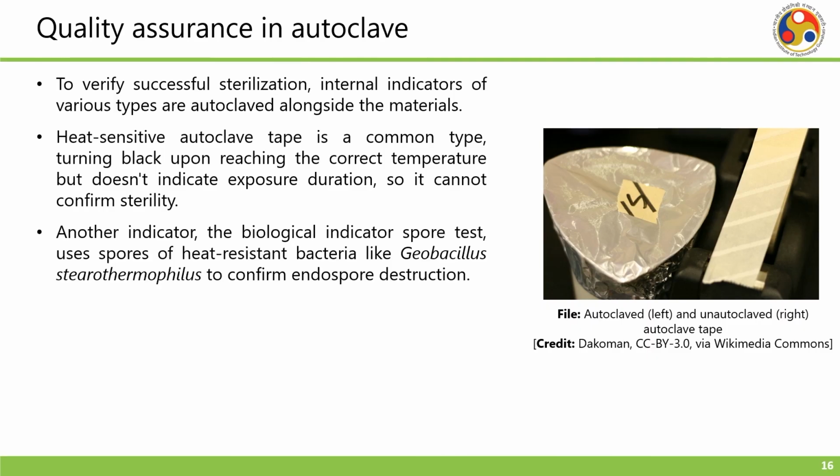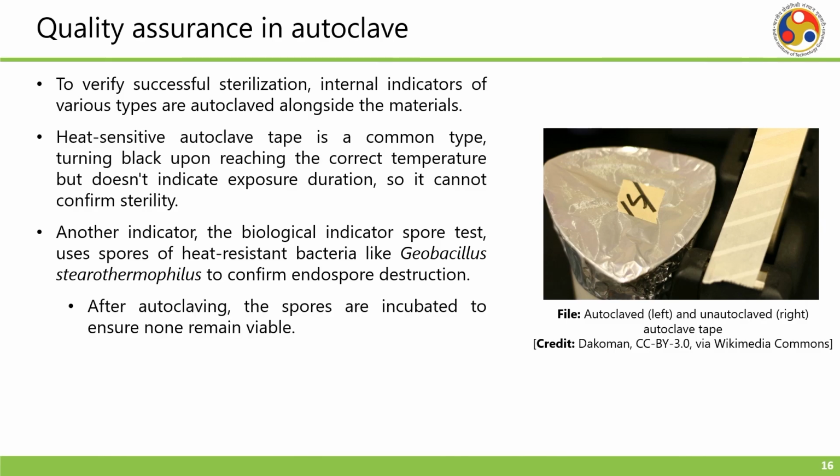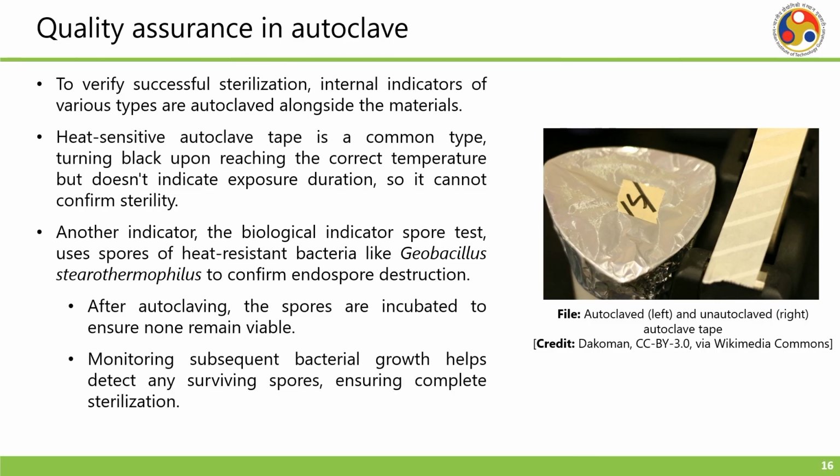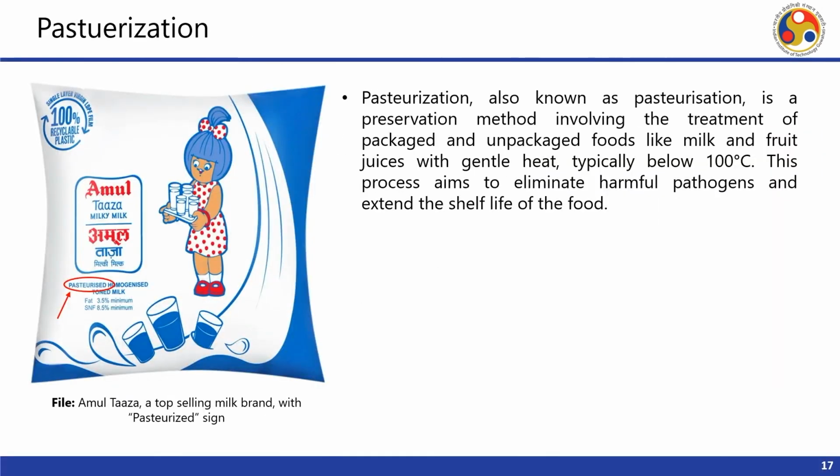Another indicator, the biological indicator spore test, uses spores of heat resistant bacteria like Geobacillus stearothermophilus to confirm endospore destruction. After autoclaving, the spores are incubated to ensure none remain viable. Monitoring subsequent bacterial growth helps detect any surviving spores, ensuring complete sterilization.